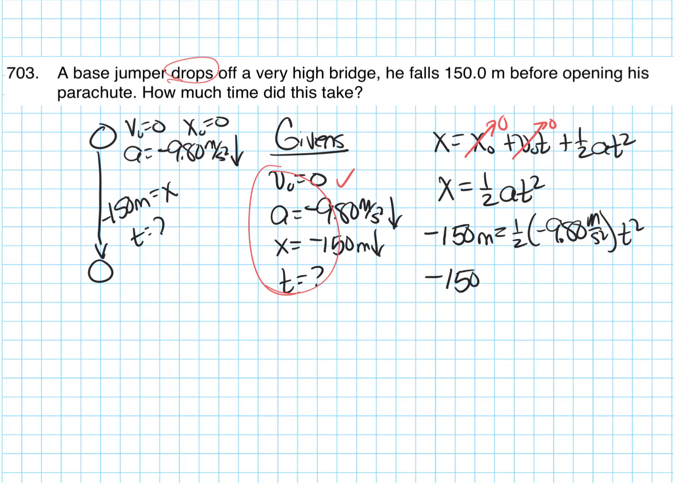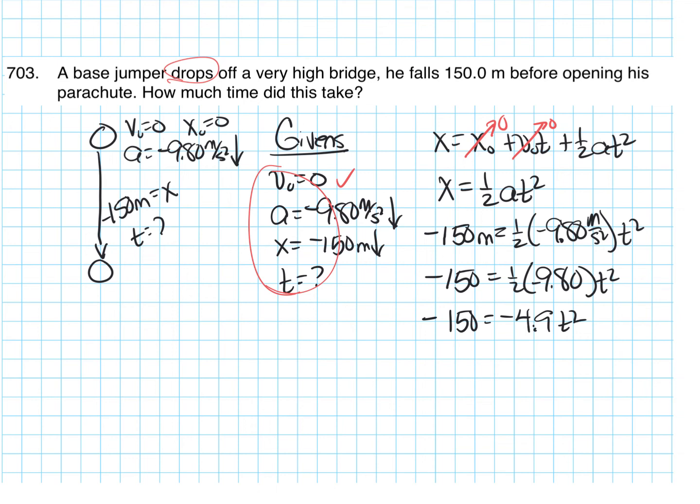Negative 150 is equal to 1/2 times negative 9.80 times t squared. All right, so 1/2 of 9.8 is 4.9, it's negative 4.9. So negative 150 is equal to negative 4.9 times t squared.